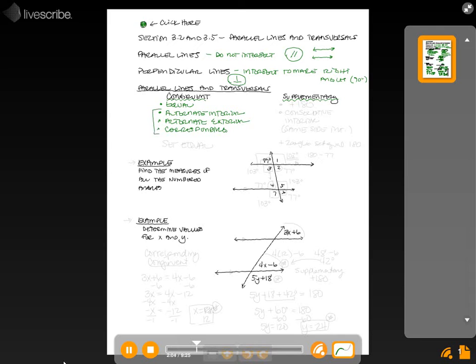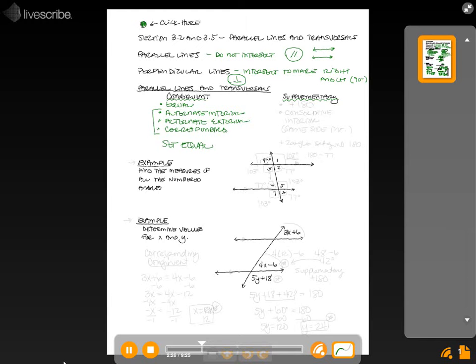Okay, those three relationships. Whenever you have parallel lines and those lines are cut by transversals, or you could have more than two parallel lines, but if they're cut by a transversal, these three relationships are always our congruent ones. And remember, congruent means that we set things equal, because they should have the same measure.